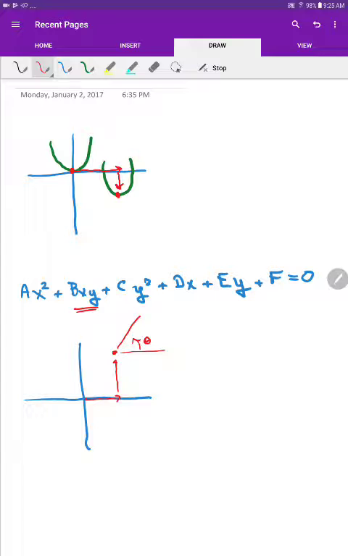Now our parabola might face this direction, like this. Everything else would be the same, but it's rotated. Notice the vertex still has a horizontal and a vertical shift, because this equation still has most of these other terms.